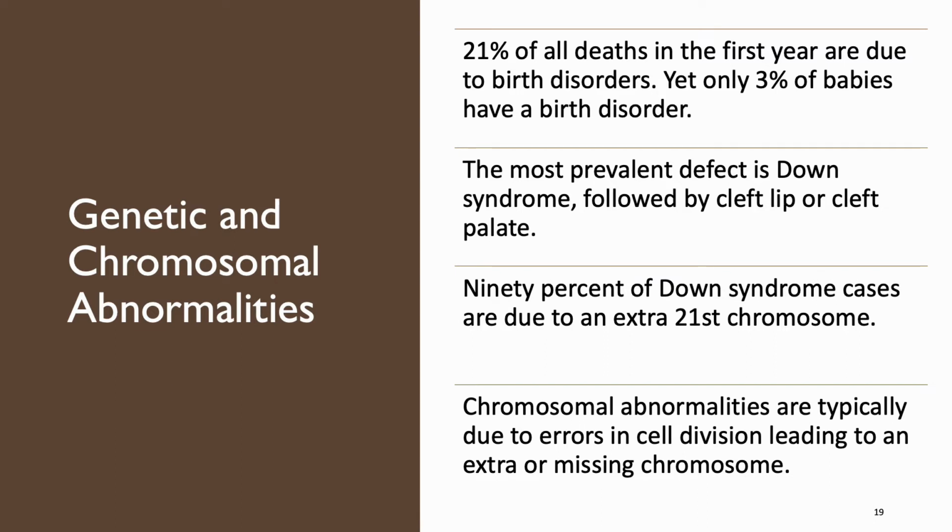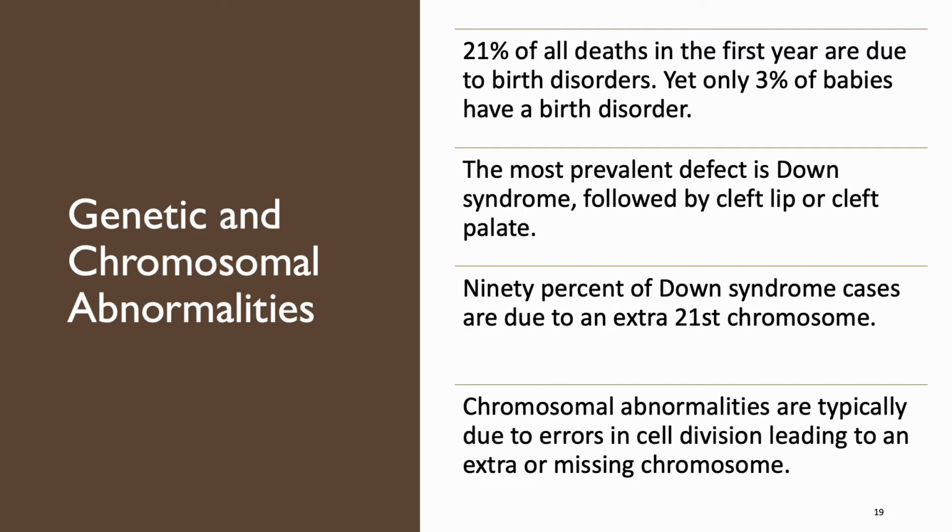Genetic and chromosomal abnormalities are not uncommon. About 21% of all deaths in the first year of life are due to birth disorders, yet only 3% of babies have a birth disorder.